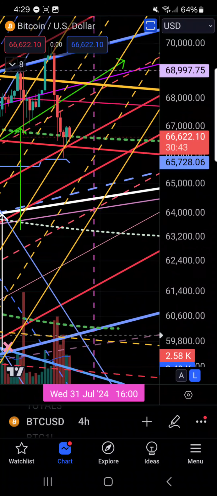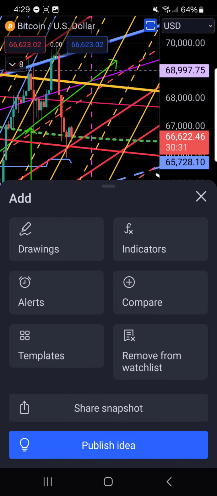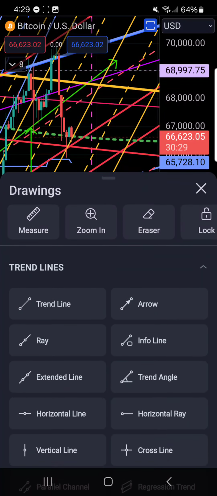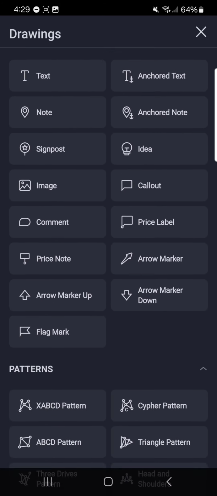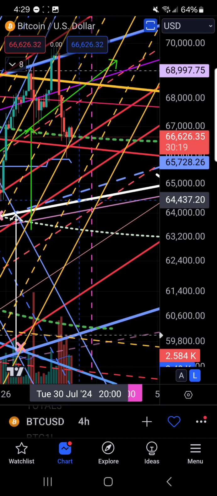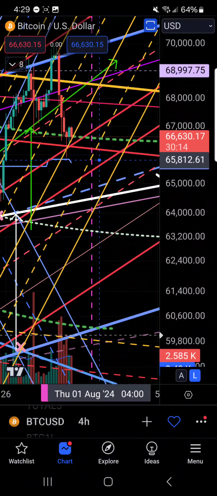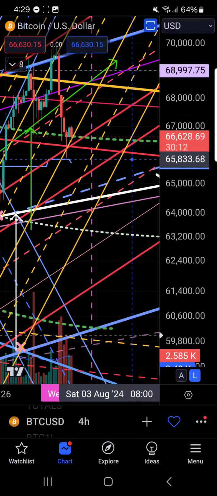Not really certain where exactly we'll hit, because, well, what I propose that we'll hit before the FOMC meeting is, we'll put a little heart. How about that? Place a little heart right here.